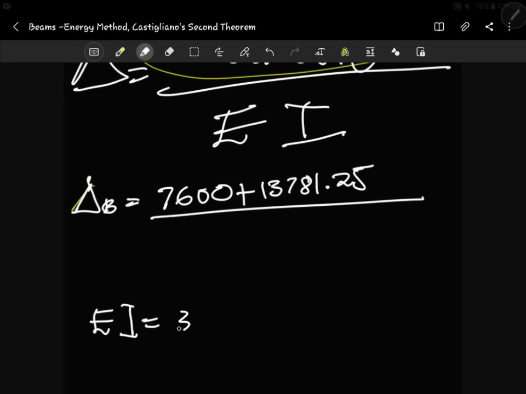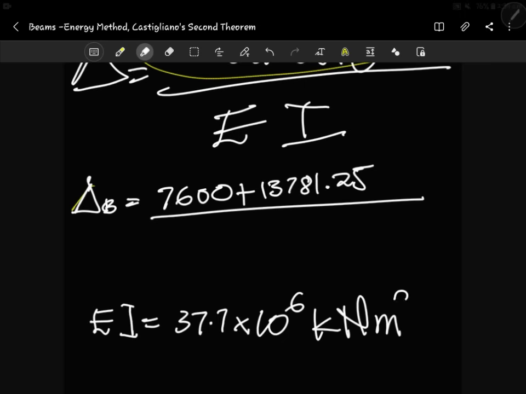So you have 37.7 times 10 to the power 6. Right, I think it was kilonewton meter squared or so. I have to verify this unit, but this is the value that was given. Right, so 37.7 times 10 to the power 6.